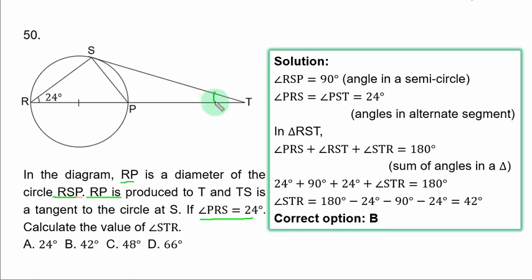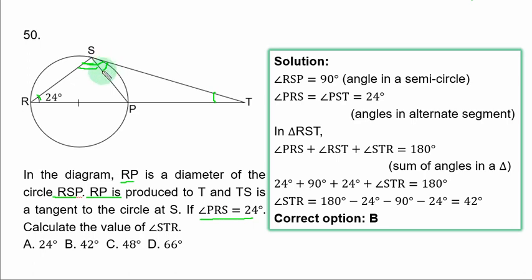We can consider triangle STR. So this angle here is already 24. Now you need the whole of this angle. Since RS is a tangent, it means angle RSP, this angle is 90 degrees.